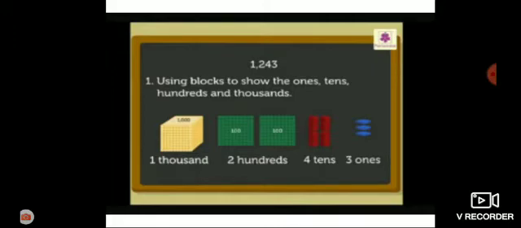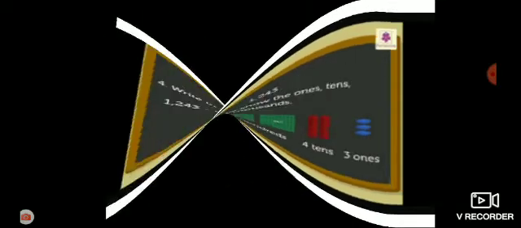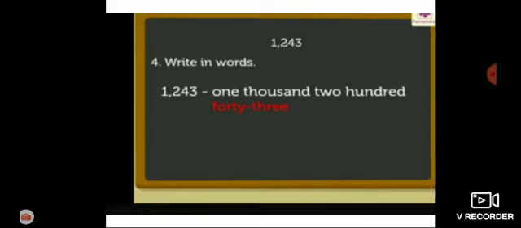Now listen children. The yellow color block represents 1000, then the green color 2 boxes represent 200, then the red color box represents 4 tens, then the blue color strips represent 3 ones. Now the number 1243 we are representing in blocks, right? You know how to represent using blocks. You know how to write the number name. You have to start from the right and say the place value from the right side.